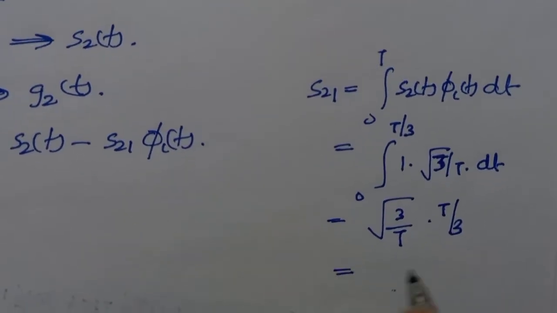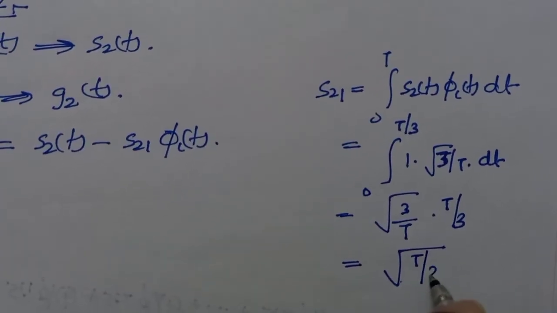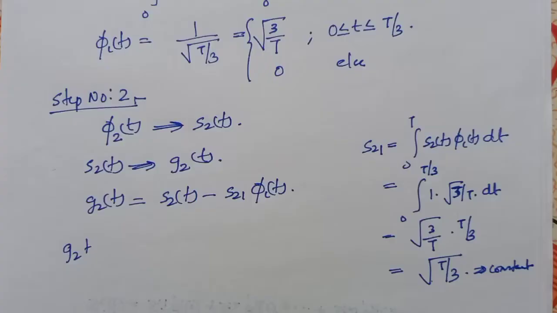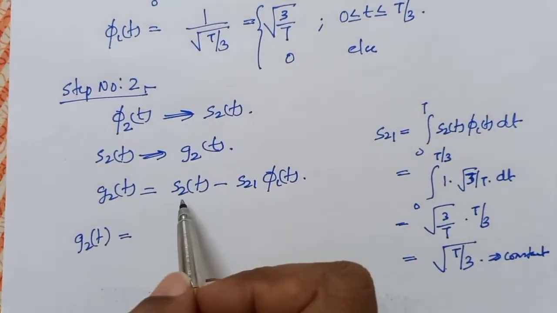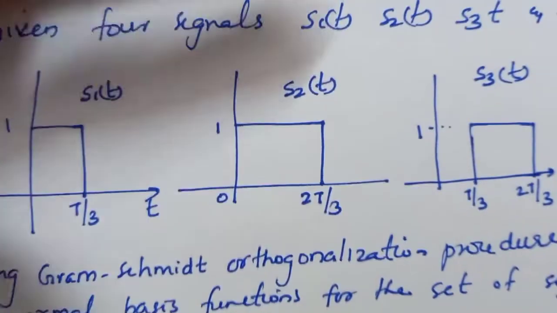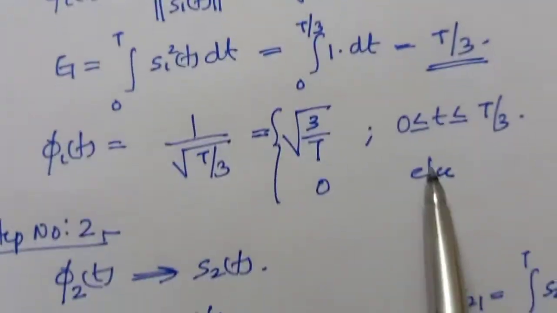So this will be equal to root of t by 3. So S21 is a constant. Okay. Now G2(t), we know that S2(t) ranges from 0 to 2t by 3, right? But phi 1(t) ranges from 0 to t by 3 only.